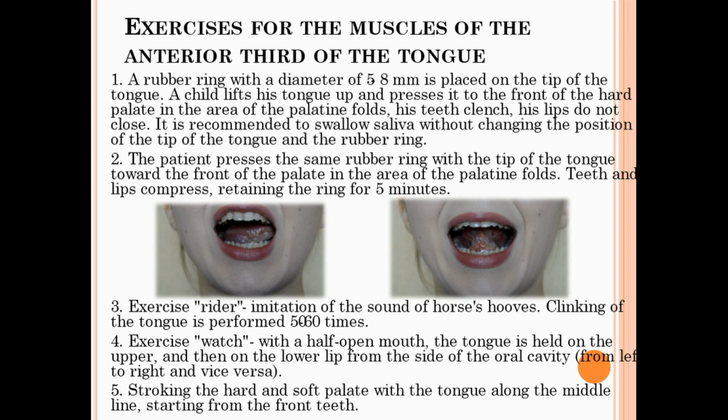His teeth clench, his lips do not close. It is recommended to swallow saliva without changing the position of the tip of the tongue and the rubber ring. If the tongue is between the dentition, then the exercise is not performed correctly.